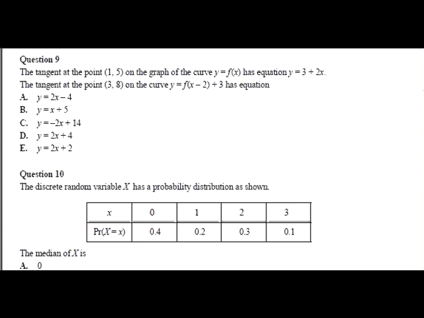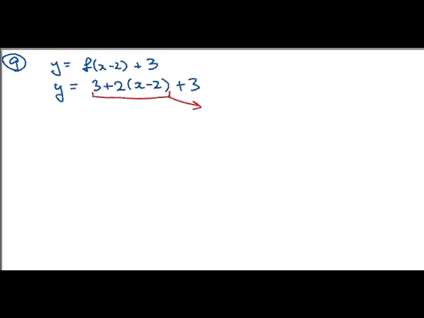Okay, good. Apply that transformation to the tangent. So basically sub in the tangent as f. So y equals, now f is 3 plus 2x. X is now x minus 2. Do you see that this part here, oh, I'm sorry, I haven't shown you what I was drawing.